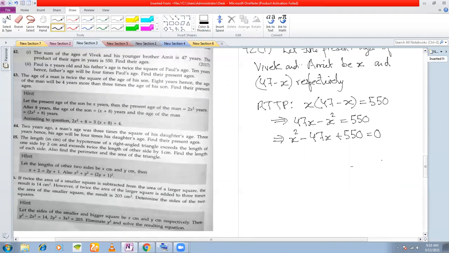Okay, so what are the factors here? 25 and 22 should be the factors, but it seems that it is very difficult to guess that the factors will be 25 and minus 22.